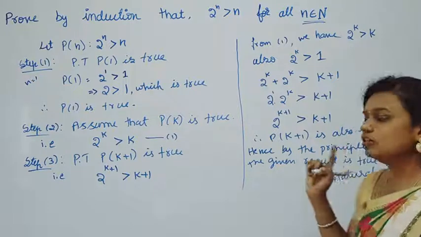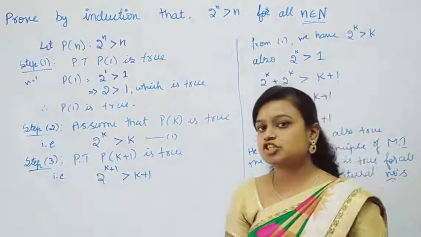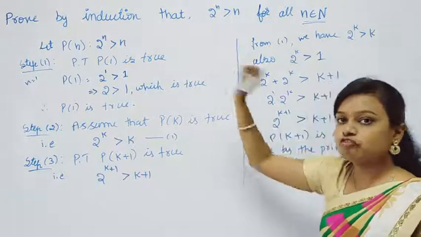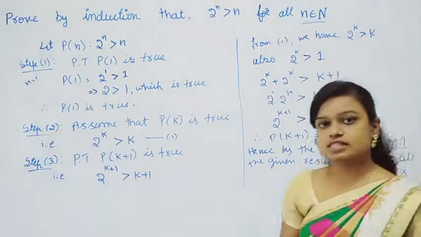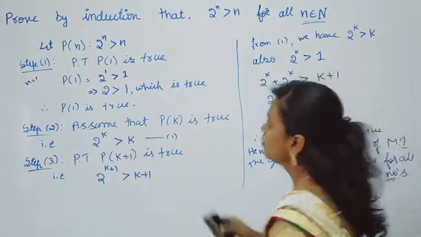Understand? So if all the three conditions are satisfied, hence by the principle of mathematical induction, the given result, that is 2 power n is greater than n, is true for all natural numbers. Understand? So we move on to the next problem.